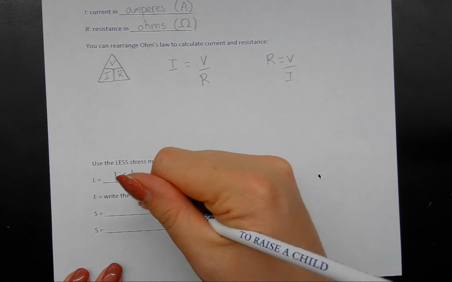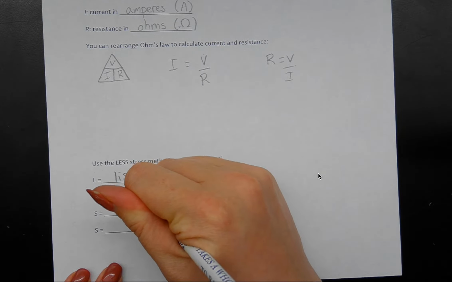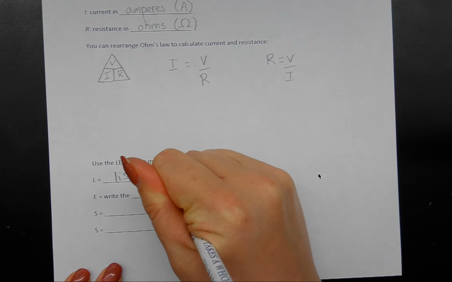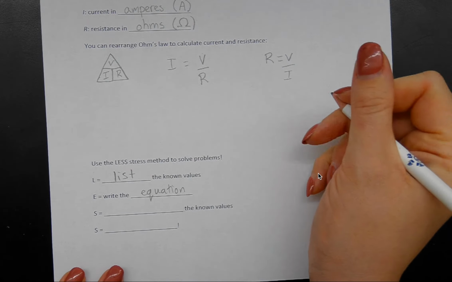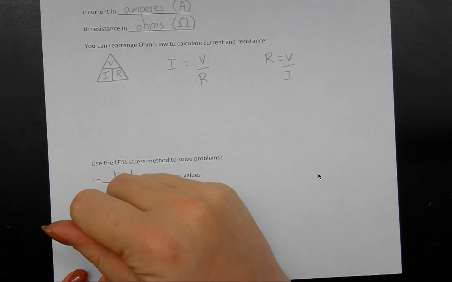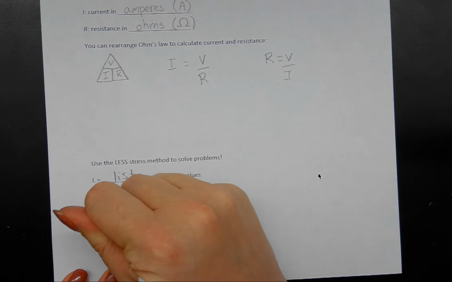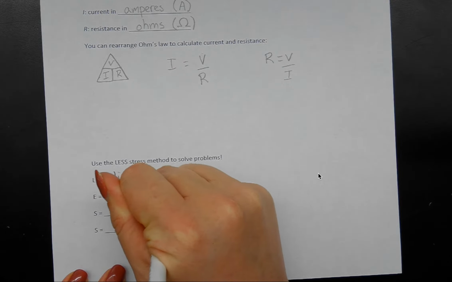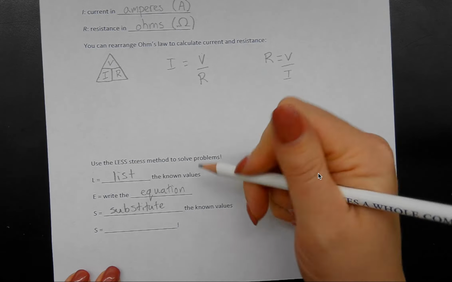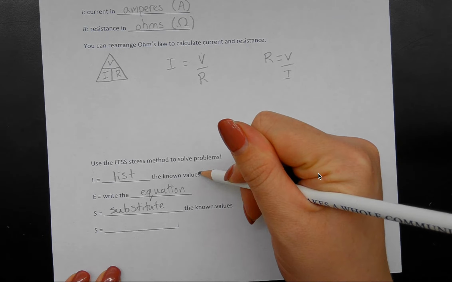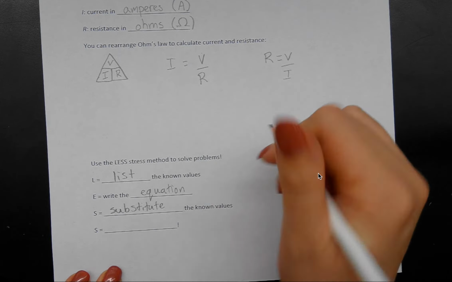E is for equation. You write the equation. Third step, S stands for substitute. So you substitute the values that you know from the first one, from listing, into the equation. And the last S stands for solve.